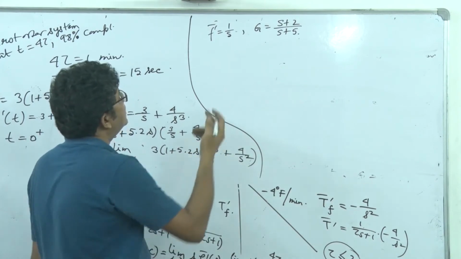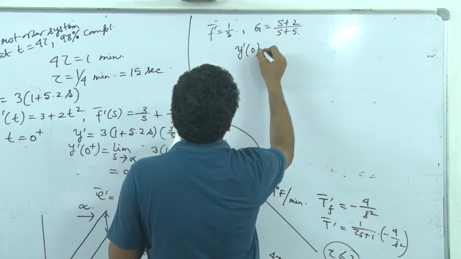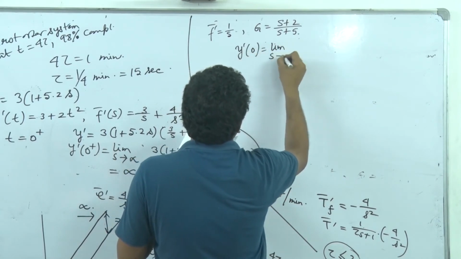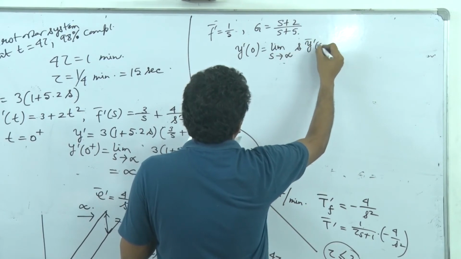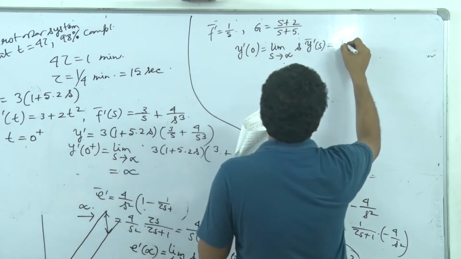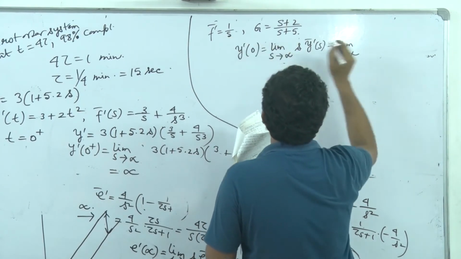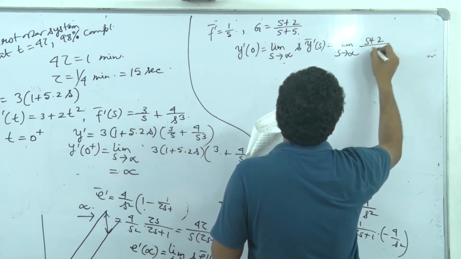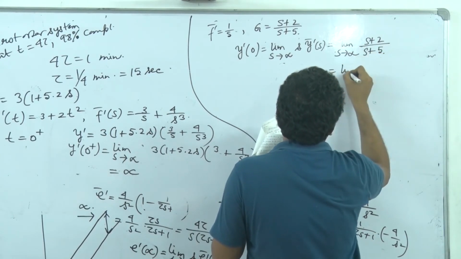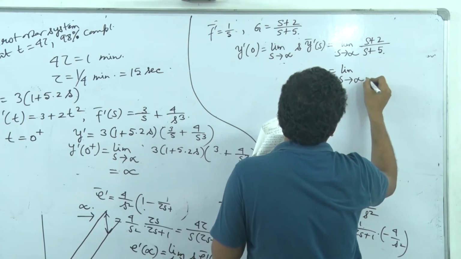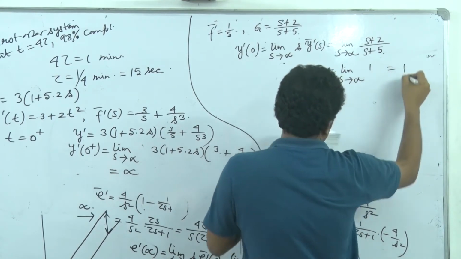So basically this initial response, y prime 0, is limit s tending to infinity s into y prime bar s, and that is equal to limit s tending to infinity. This s and this 1 by s cancel out. This is s plus 2 by s plus 5. So limit s tending to infinity, it is 1. So answer is 1 unit.